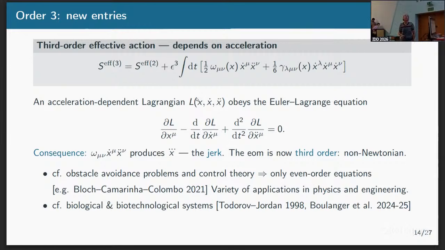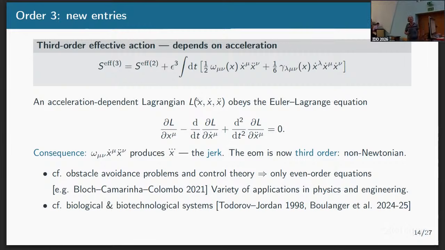Note that higher time derivatives in the action and in the effective equation of motion have been considered in different real-world problems, starting from biological and biotechnological systems, when you want to describe the movement either of a robotic arm or the real human arm in a real life setting.